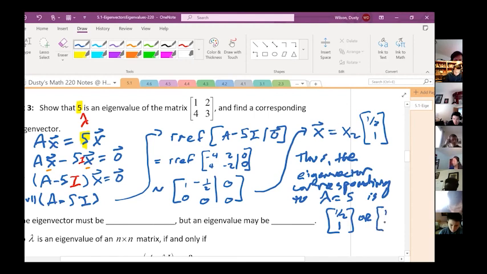So maybe we just say (1, 2) is a nicer form of the same thing. So you might say, how do we do this? The first part said, show that it's an eigenvalue of the matrix. We did that by showing that there are non-trivial solutions.